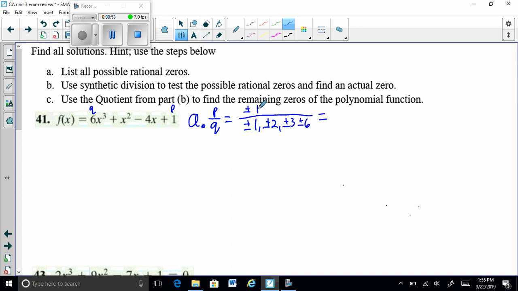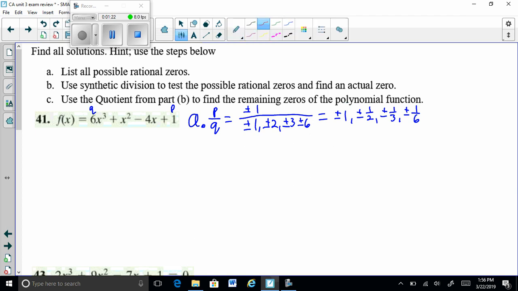So you're going to have to take that 1 and divide it by all 4 of those. So your possible solution set is plus or minus 1, plus or minus 1/2, plus or minus 1/3, and plus or minus 1/6. Obviously, you could start with the fractions if you wanted to, but I would probably start with 1 and -1, and hopefully one of those works.